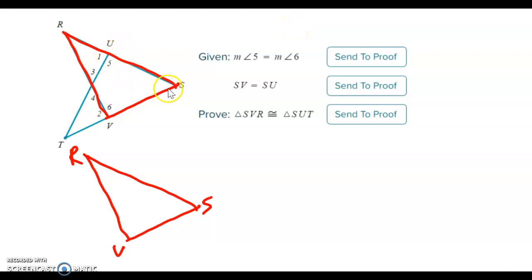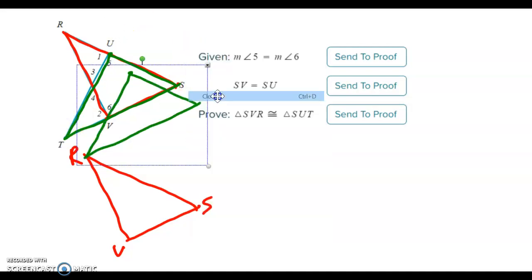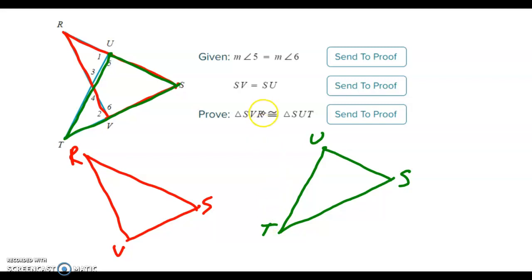And then S, U, T is the next one. Clone that. Sweet. Okay, and then we'll move that over here. And so those are the couple that we're looking at. Okay, so those are our two triangles within that diagram that we're talking about.